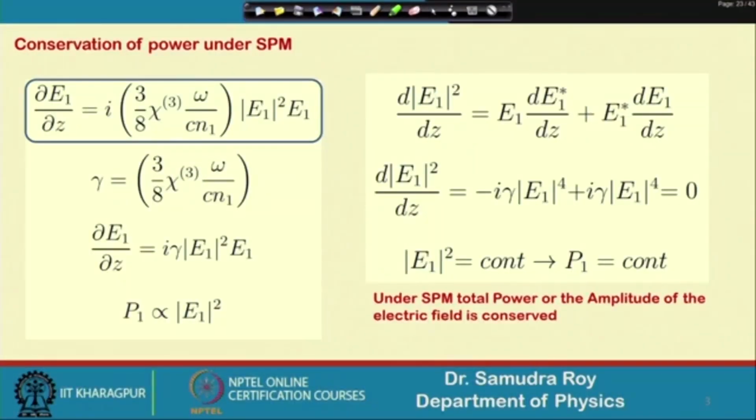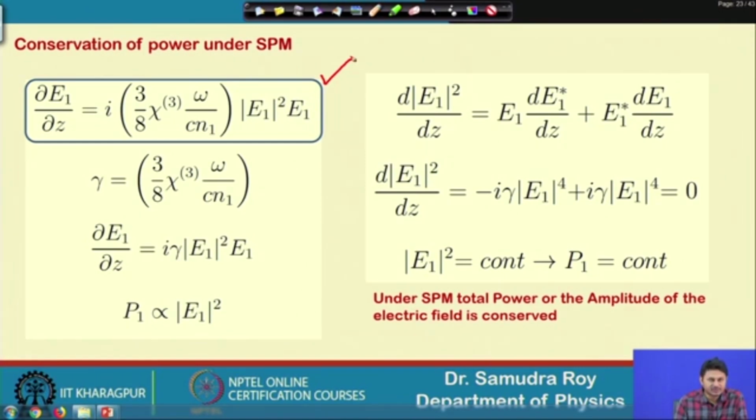Well, let us go back to our old equation. So, we have the expression of self phase modulation, dE1/dz is i 3 divided by 8 chi 3 omega divided by c n1.